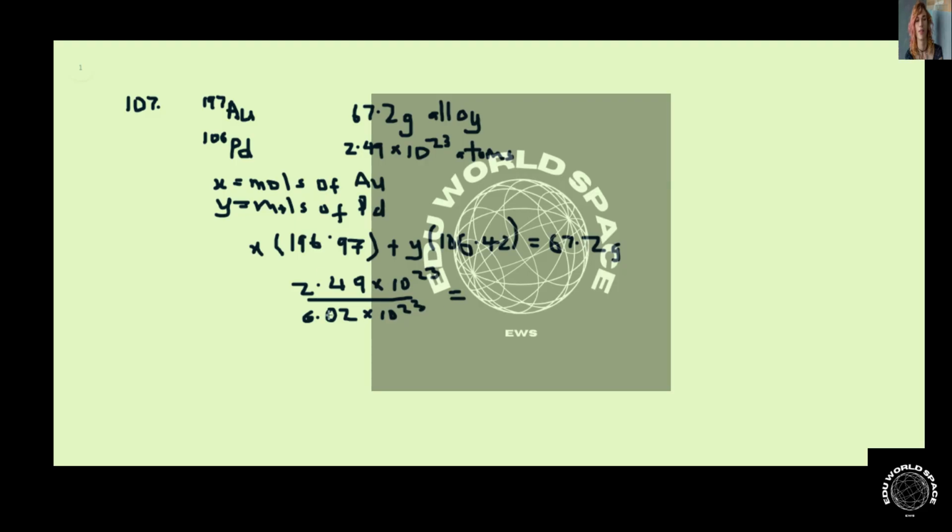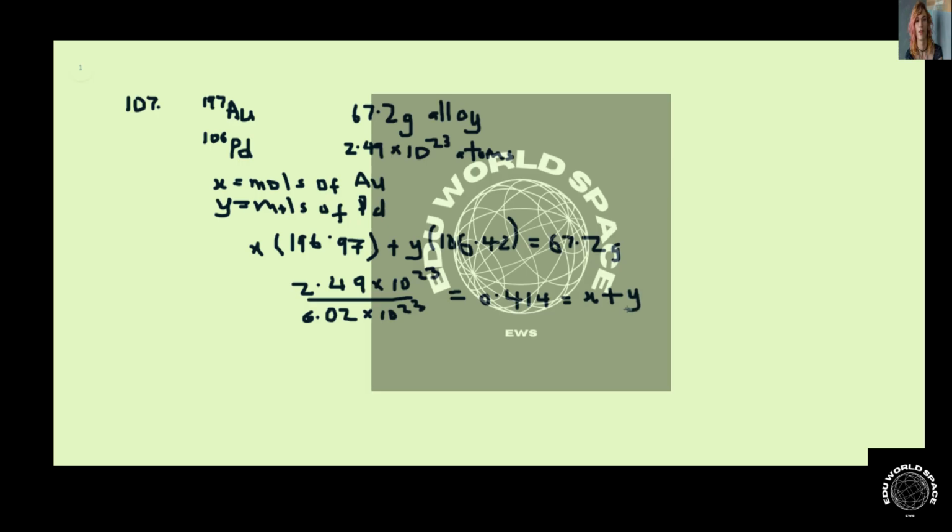So when you solve for this, you're going to end up with 0.414, right? And this is the total number of moles in our sample, because we know the amount of atoms that's present. When we divide that by Avogadro's number, we're going to get the number of moles. But keep in mind that this number of moles is the sum of the number of moles for gold and palladium, right?